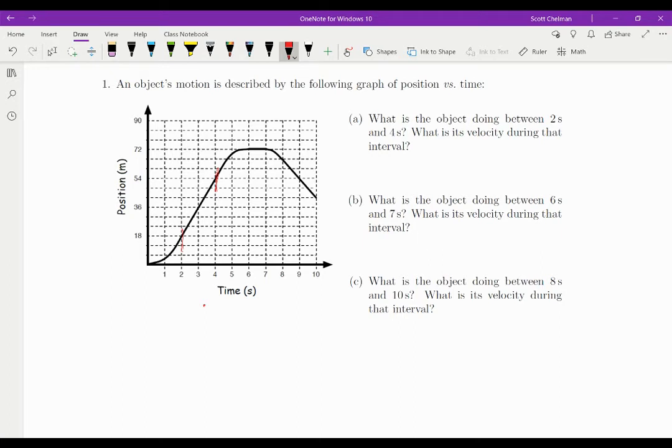Increasing speed. Careful. Does the slope change between 2 and 4 seconds? It goes up, but the slope itself doesn't change. The slope stays the same. But what is the object doing?